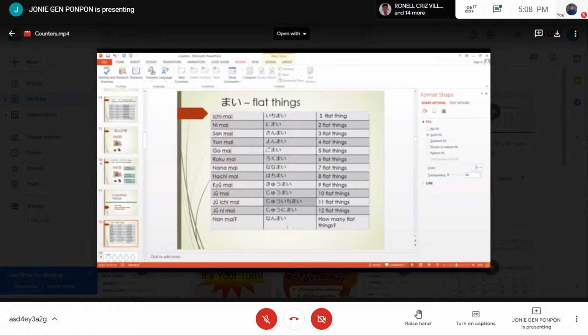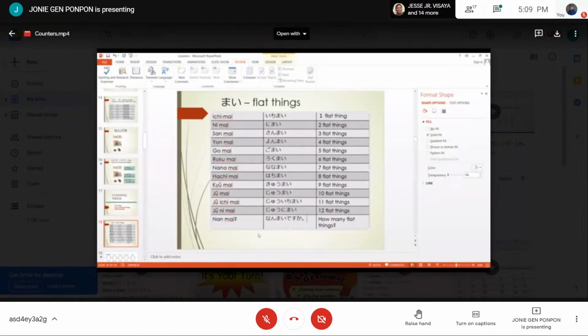If you know that the object is flat, you can ask not ikutsu desu ka or ikutsu arimasu ka, but nanmai desu ka. That's how you ask how many pieces for flat things.